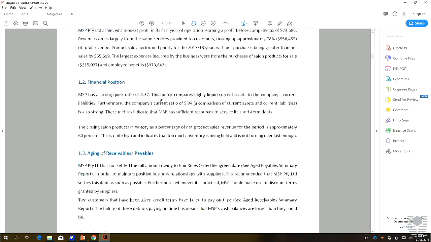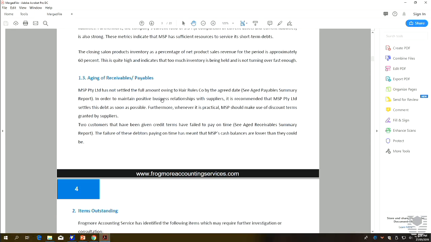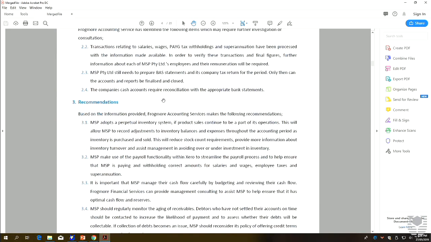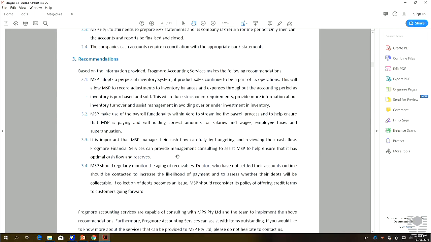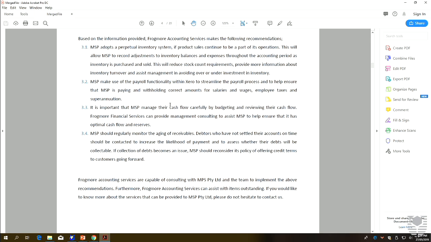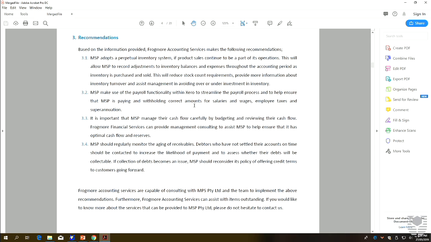They gave some discussion about financial position, receivables, some items outstanding, and mentioned inventory, maybe adopting a perpetual inventory system. One thing not many people did in talking about inventory, and I know I mentioned it a couple of times, was talking about the main advantage of perpetual inventory: you can really see stock losses quite quickly.